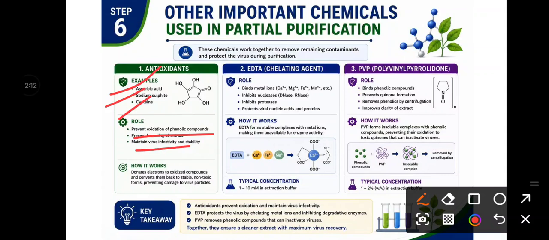Next is EDTA, the chelating agent. This is a very important chemical. So how does it protect the plant virus? It is not acting as a contaminant removal chemical.